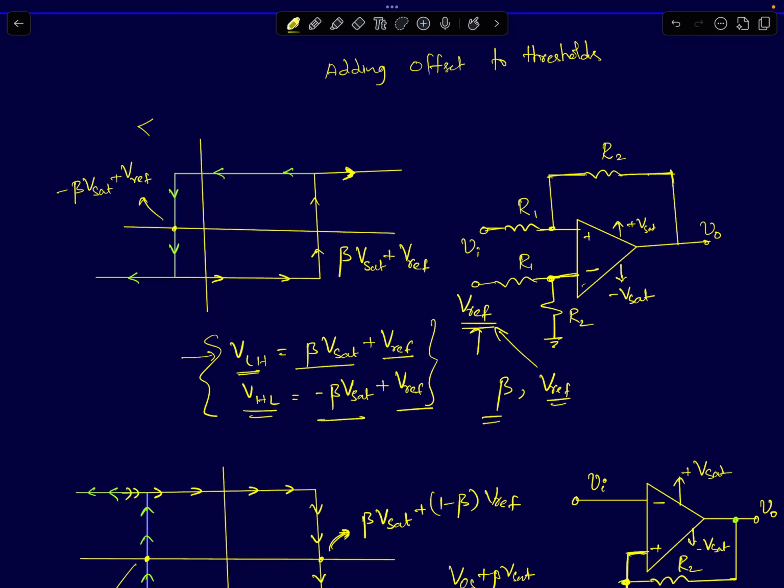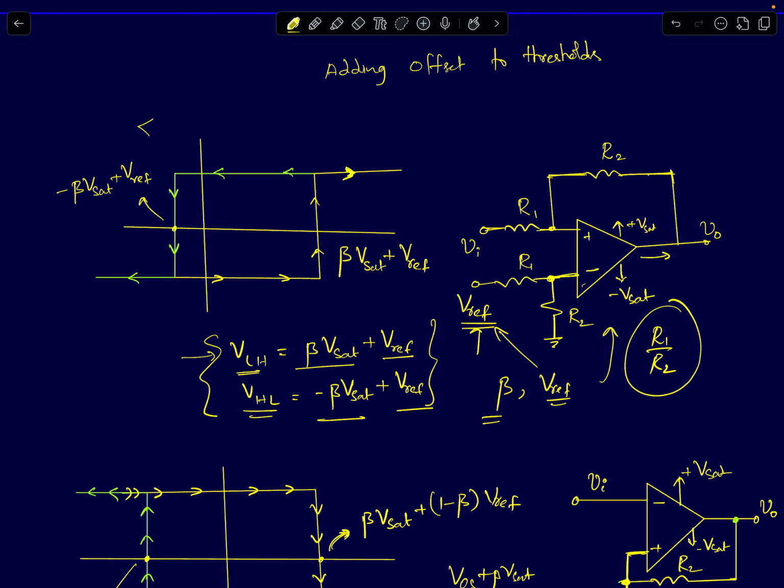So beta in this circuit will be R1 by R2, and you can choose any value of R1 and R2 as long as they are within the op-amp's, the comparator's current limits. The op-amp will have minimum and maximum currents that it can provide, and as long as they are within those current limits, you can choose any value of the resistance.